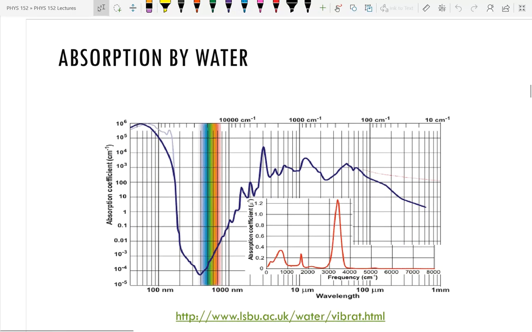Now, the answers that people usually give talk about water. So here's some properties of water. Water has an absorption spectrum shown there with the blue line. And you see that we have wavelength on the bottom. 100 nanometers is on the left side. That's very short wavelengths.